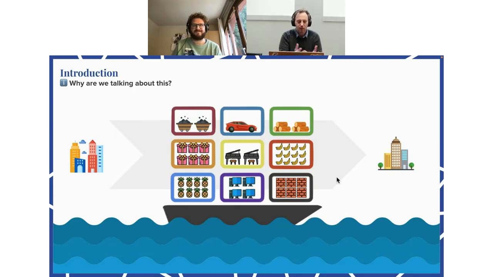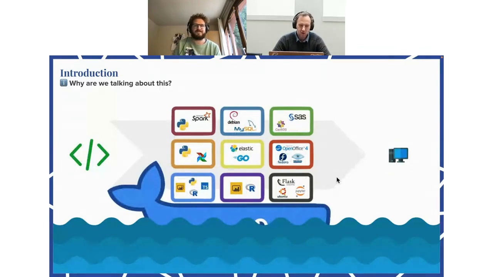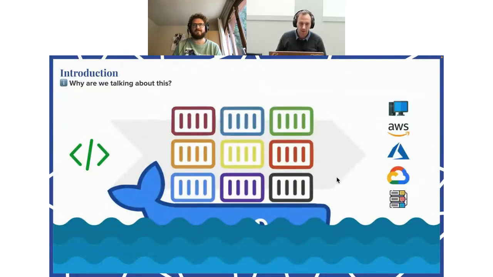Whenever you can fit it in a shipping container, you can move it from A to B. And the same principle applies actually in software in general, is that there's this notion of containers where as long as you can package your workload in a container, it can be Spark, it can be Python, it can be Elasticsearch, it can be a MySQL server. Whenever you can package it in a container, there is plenty of options available for you to ship it, not just to your own machine, but to all kinds of services in the cloud, wherever you want. So you can ship it to Amazon, to Azure, to Google, to on-premise workloads, to your machine.